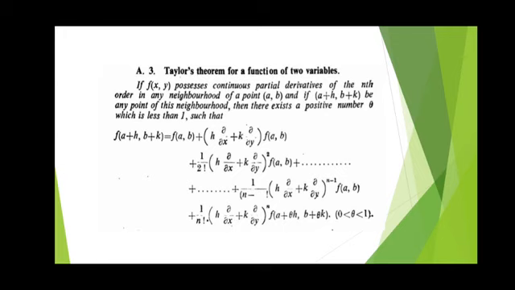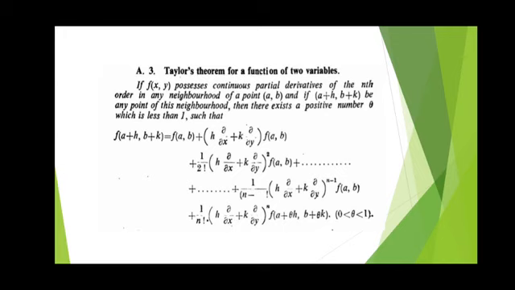Here the nth term will be 1 by n factorial into h del by del x plus k del by del y whole power n of f of a plus theta h comma b plus theta k. Here h and k are x minus a and y minus b.